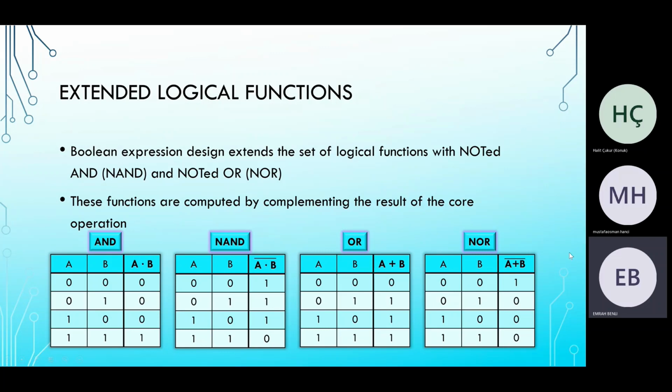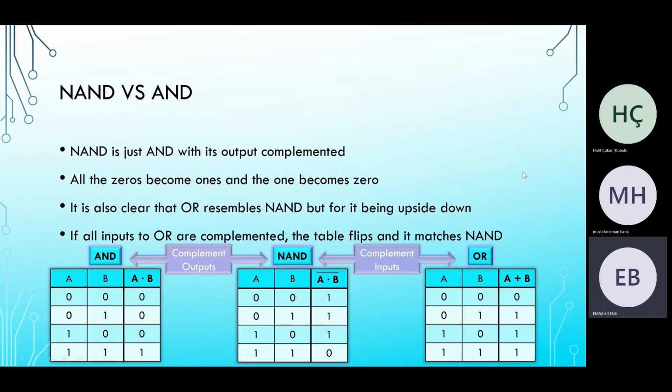So we just get the complement of the outputs. Complement of AND output will be NAND output. Complement of OR output will be NOR output. So we can show it like this. NAND versus AND.